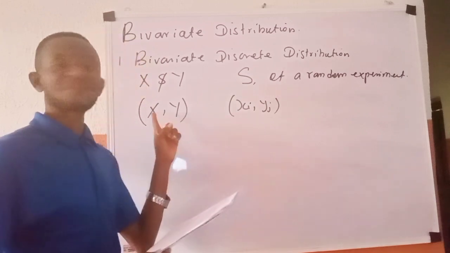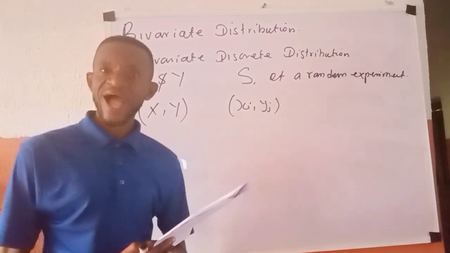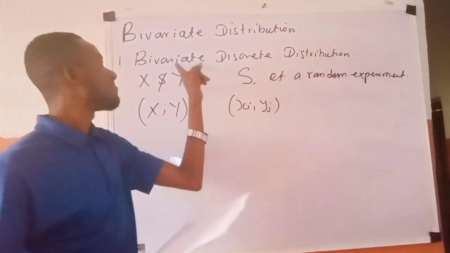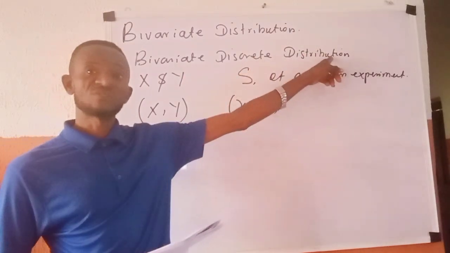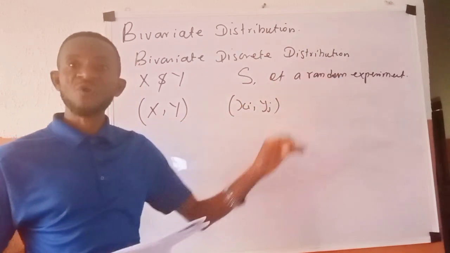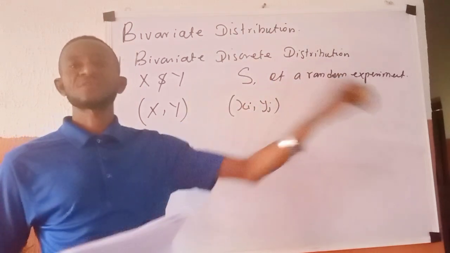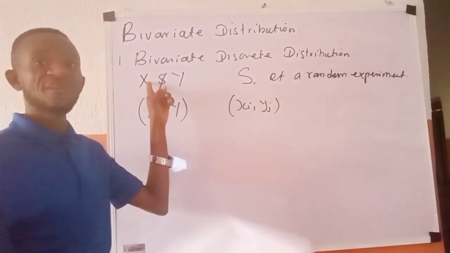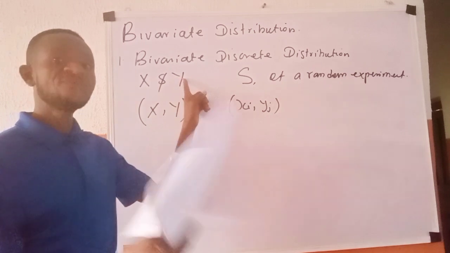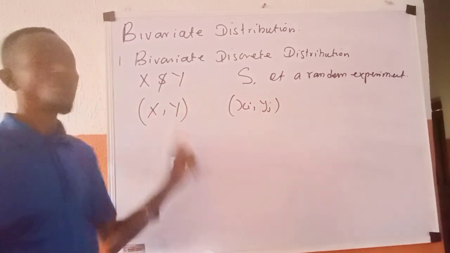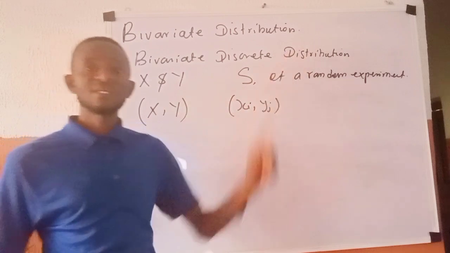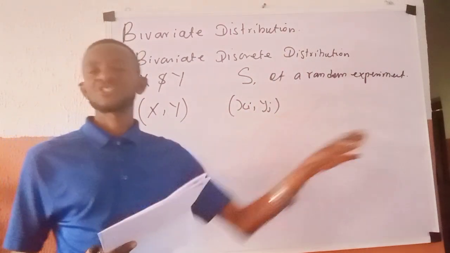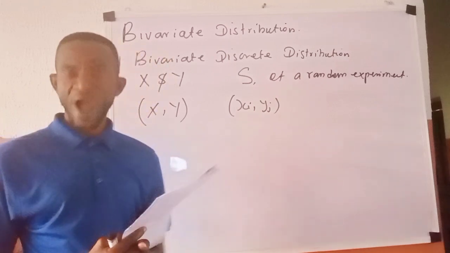The distribution of this capital (X, Y) is what we describe as bivariate discrete distribution, or we can equally describe it as the joint probability mass function of (X, Y). So while x takes a univariate distribution, y takes a univariate distribution, this capital (X, Y) takes a bivariate discrete distribution, otherwise called the joint probability mass function of (X, Y).